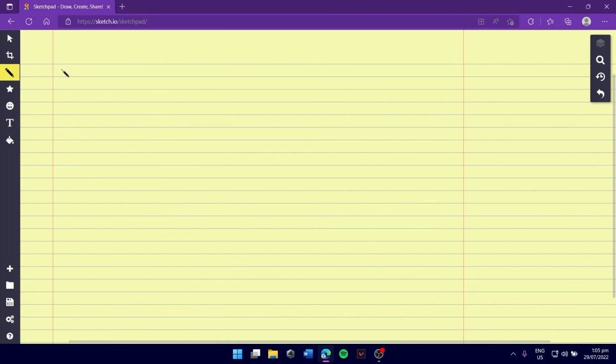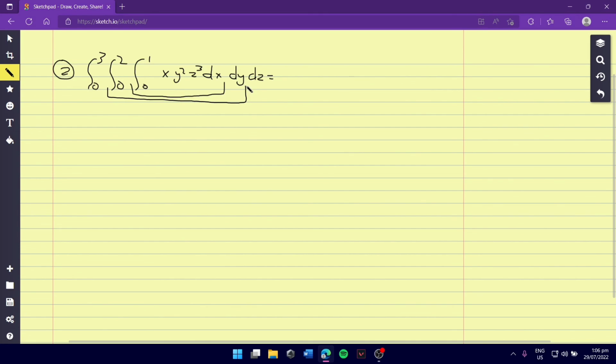So for example number 2, we have a triple integral: the integral from 0 to 3, the integral from 0 to 2, and then from 0 to 1, of x y squared z cubed, then your dx, dy, dz. Again, we'll solve for the first term, then the second, then the third.